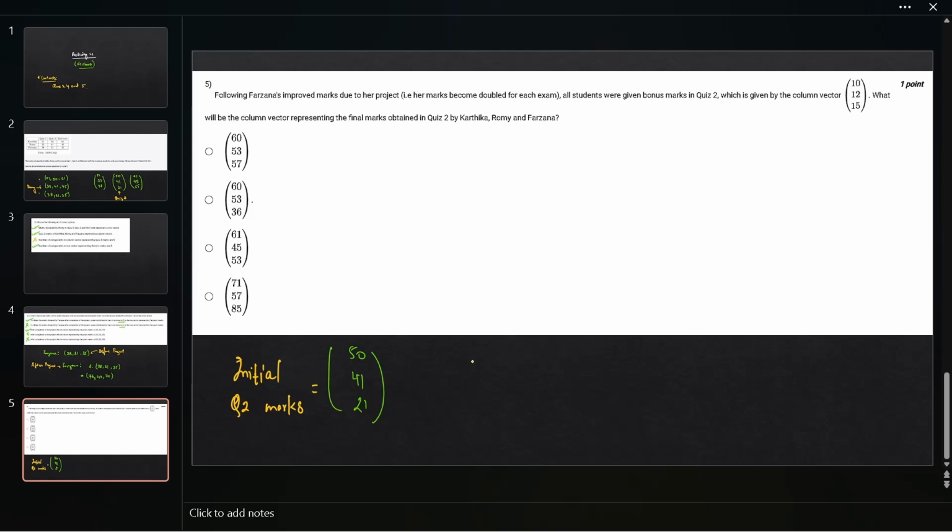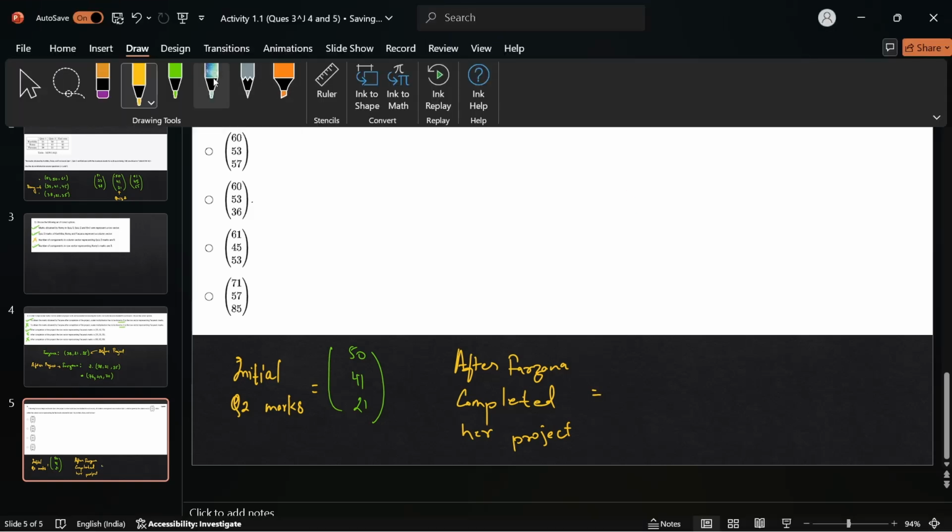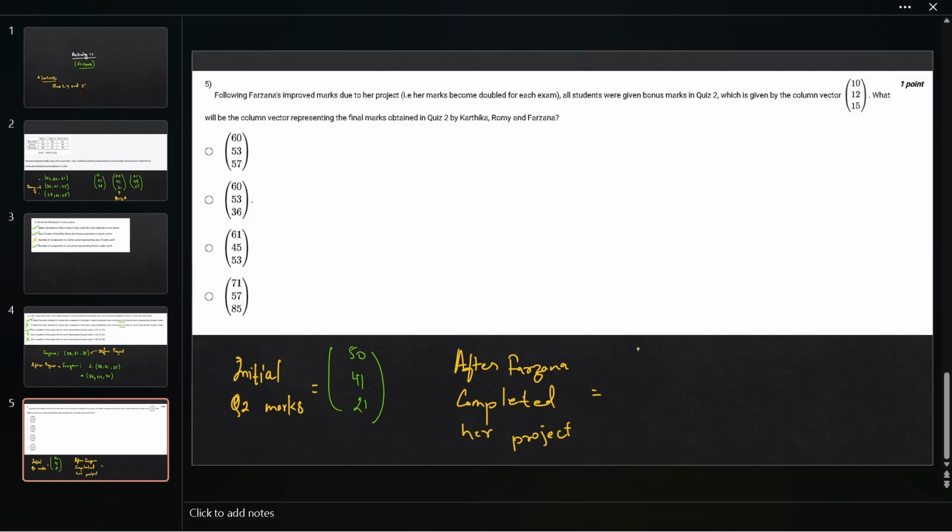Now after Farzana completed her project, we know that her marks in quiz 2 got doubled. So we'll be doubling the marks of Farzana only. The marks of Farzana were 21.